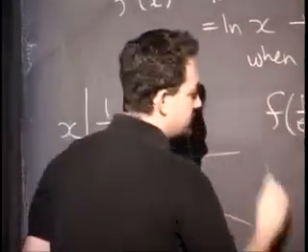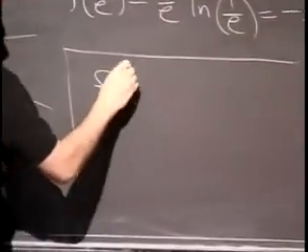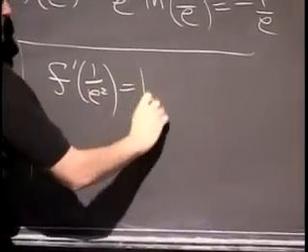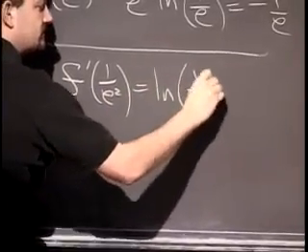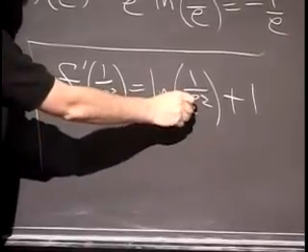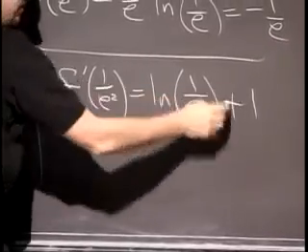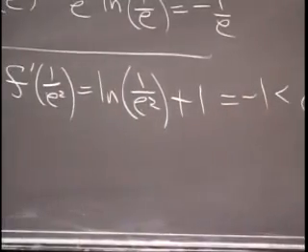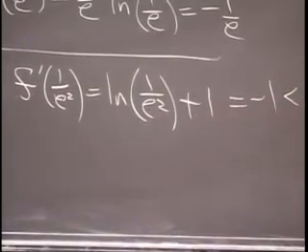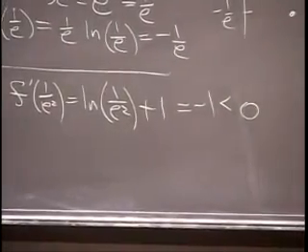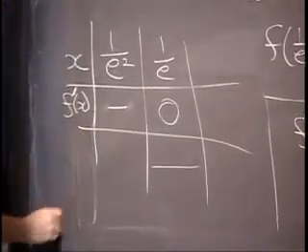So let's just set up a little table here. It's log of 1 over e squared plus 1. And if you compute this, this is minus 2, and this is 1. So you get negative 1. The only important thing about that is that it's negative. So the derivative, when you're a little bit to the left of 1 over e, is a negative number. It's a minus sign here.